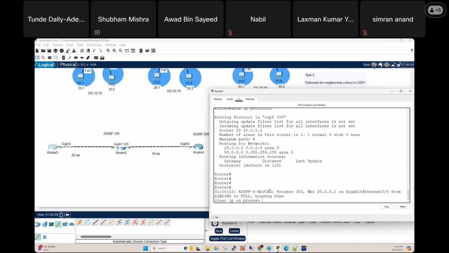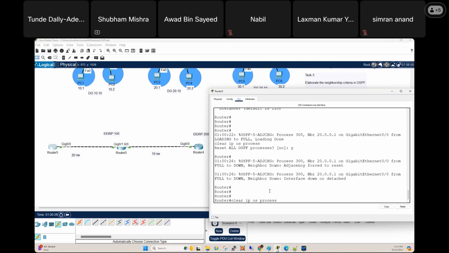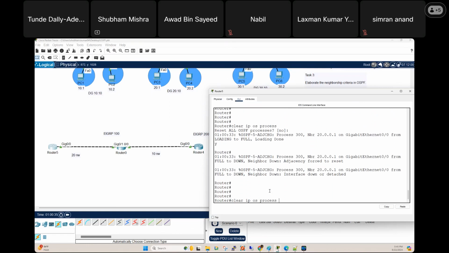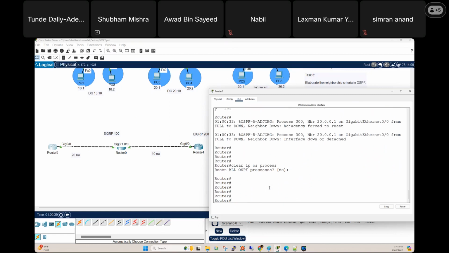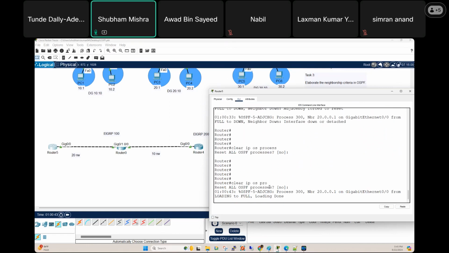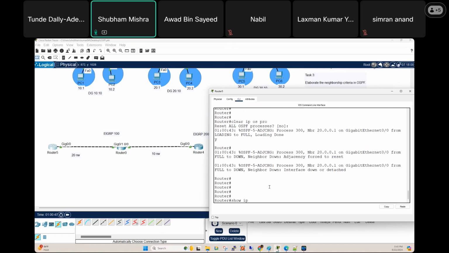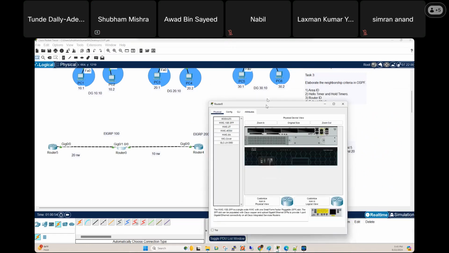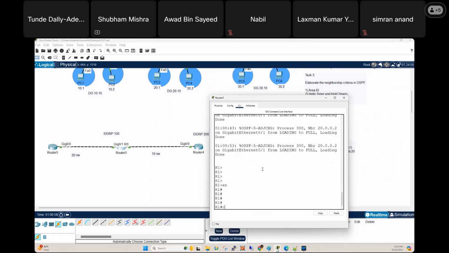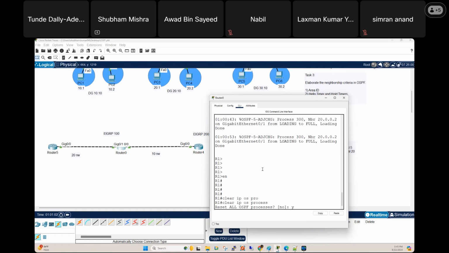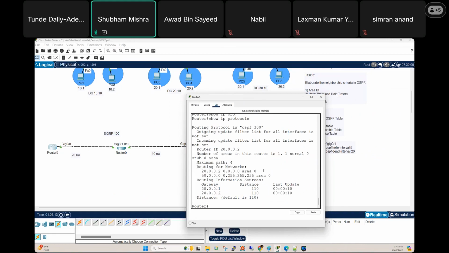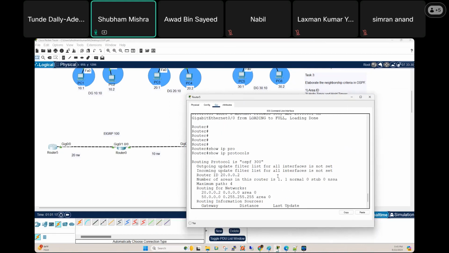That is the problem in the Packet Tracer actually.